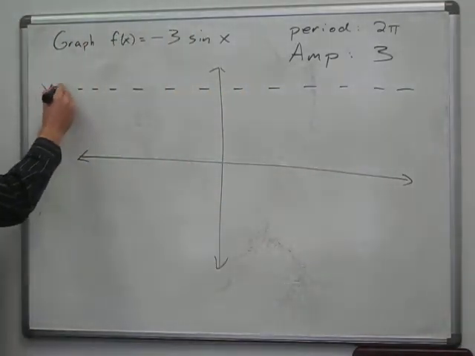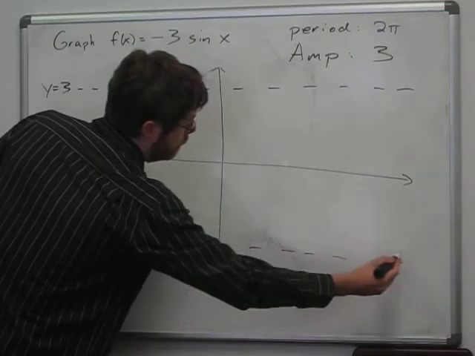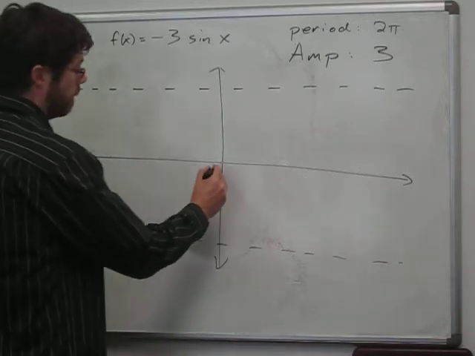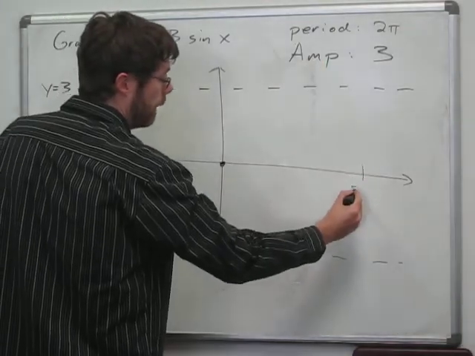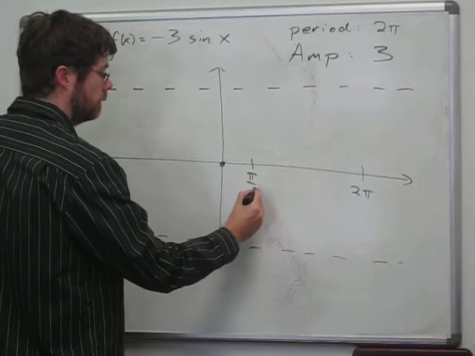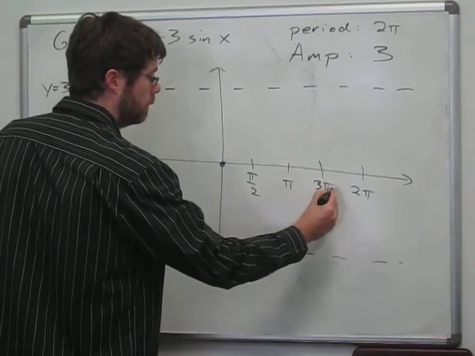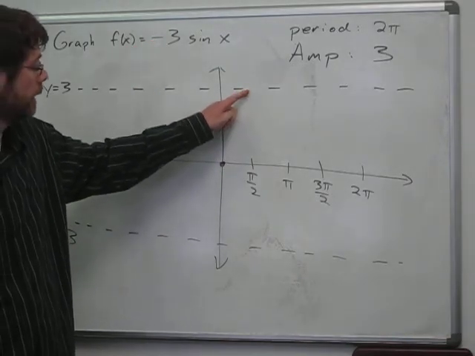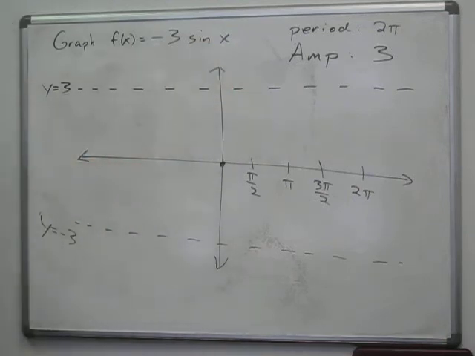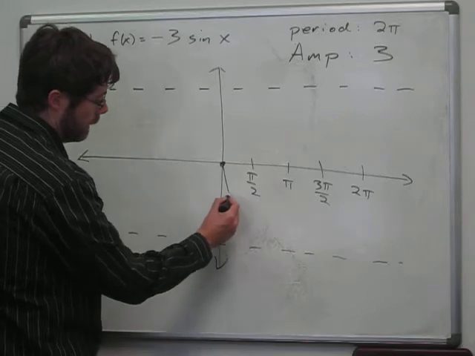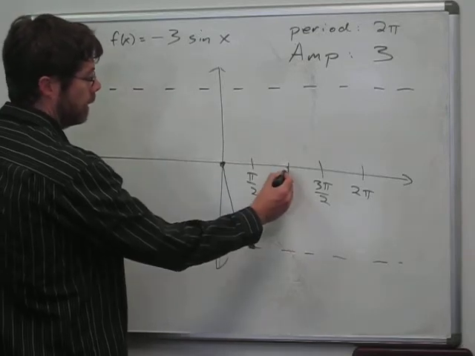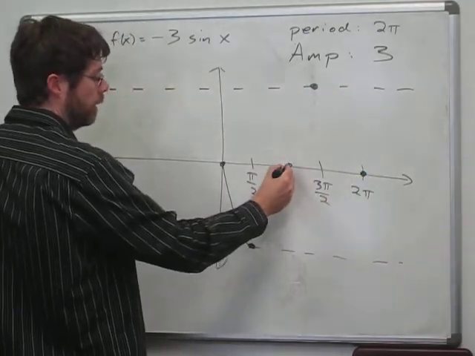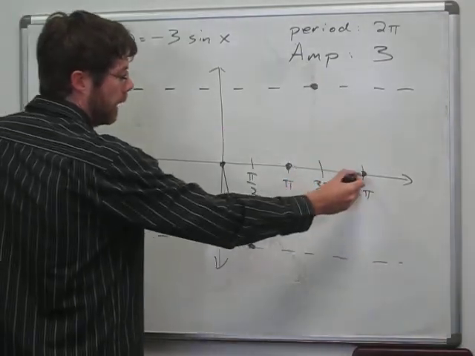So I want to go up to y equal to 3, down to y equal to -3, go out my period of 2 pi, chop it into quarters, but now with my negative, right, instead of going up to pi over 2, remember it flips the graph about the x-axis, I'm going to go down to -3. Then up to 0 at pi, up to 3 at 3 pi over 2, and then back down to 0.